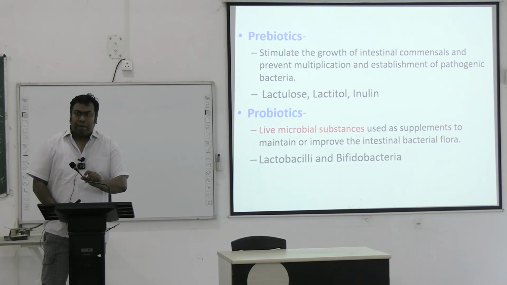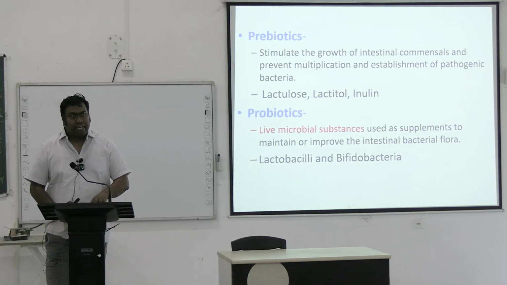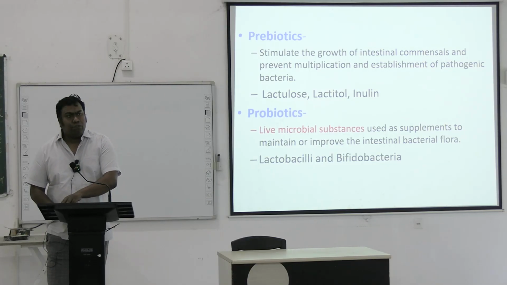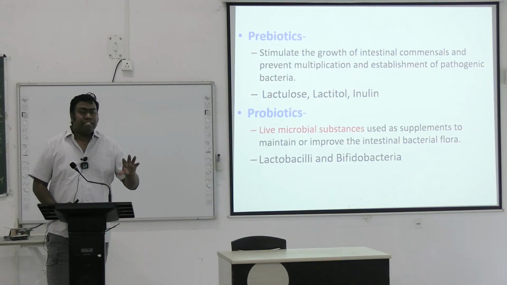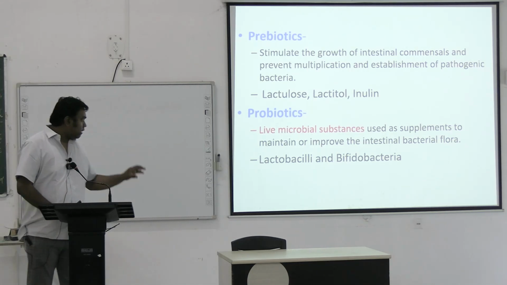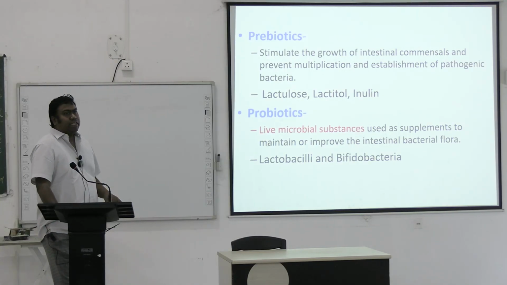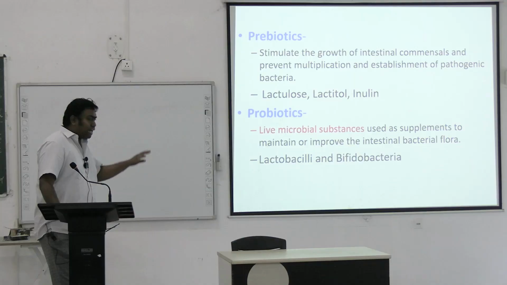When we use long-term broad-spectrum antibiotics for any infection, they can kill commensal cells, and that can lead to bacterial-induced diarrhea due to disbalance of commensals and pathogenic bacteria in the intestine. In that situation, we use probiotics and prebiotics. Prebiotics are lactulose, lactitol, whereas probiotics are live organisms like lactobacilli.